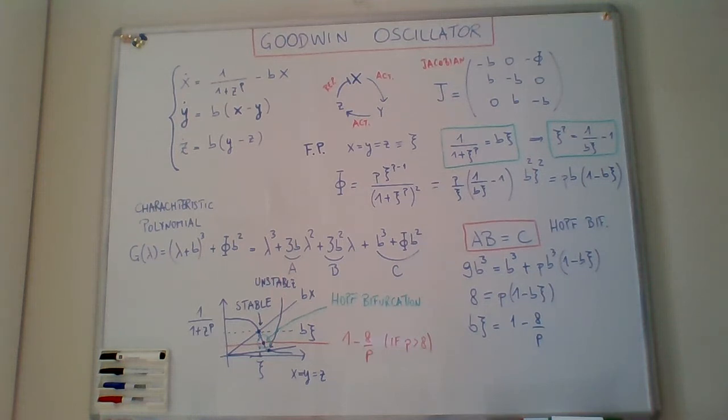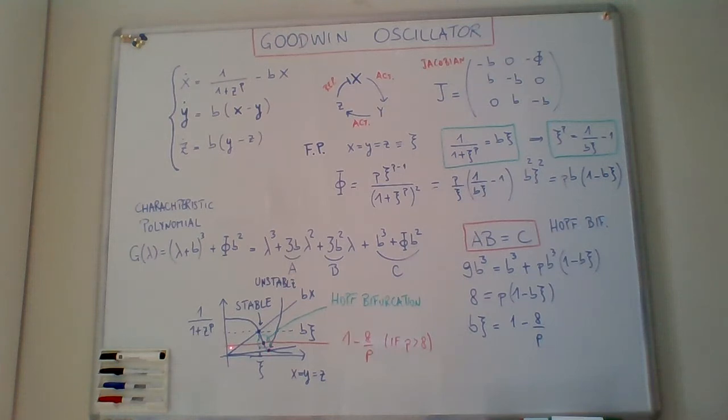I hit a Hopf bifurcation here, and below it a pair of complex conjugated eigenvalues get a positive real part, so they become unstable.